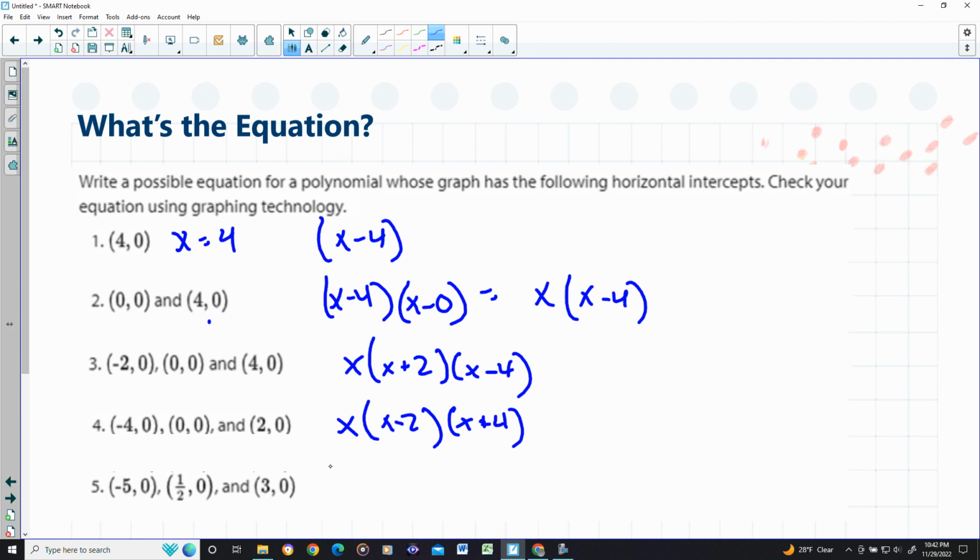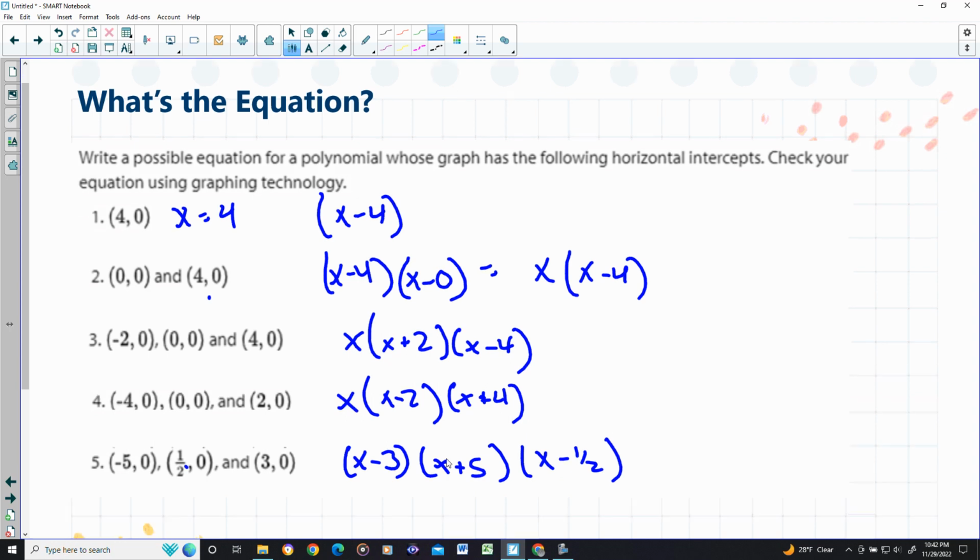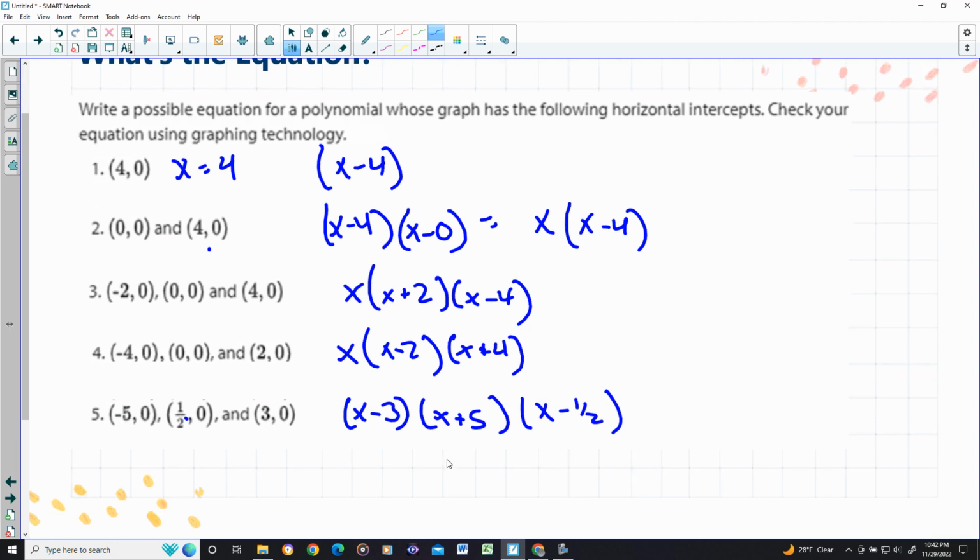It's going to have an x minus 3. It's going to have an x plus 5. Oh, it's a fraction. Well, you could do x minus 1/2. Nothing wrong with that. Although, truth be told, we try to avoid fractions where we can.